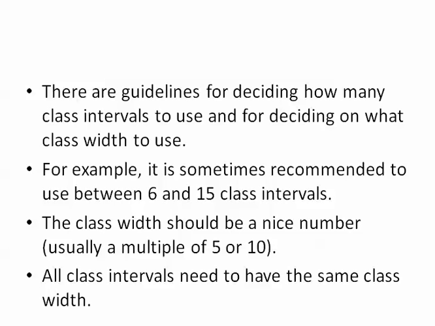This just covers some guidelines that are commonly used about how many intervals to use and what type of class width to use. It's usually better to use a nice number for the class width, like 5 or 10, like a multiple of 5 or a multiple of 10. So maybe 5, 10, or 20 or 50 or 100.